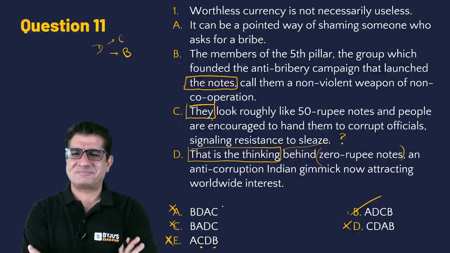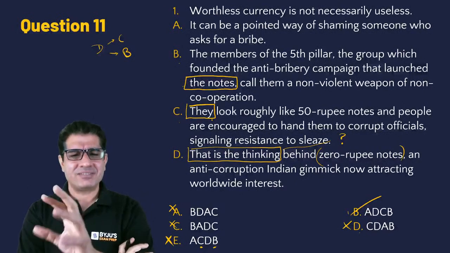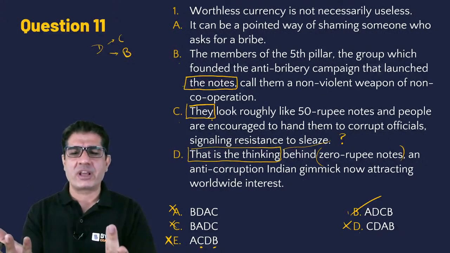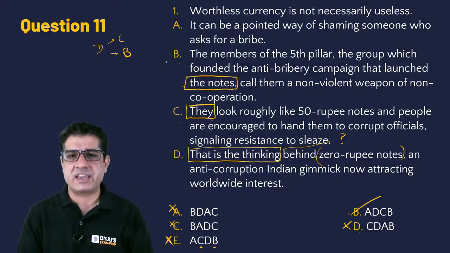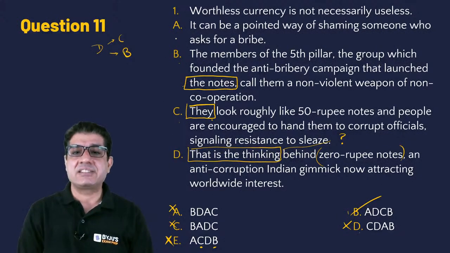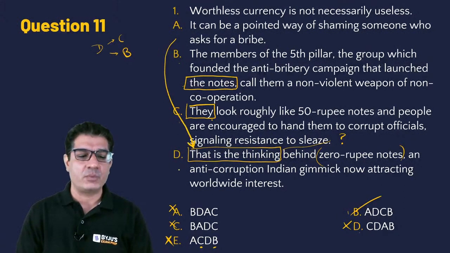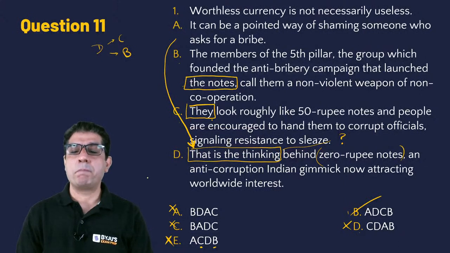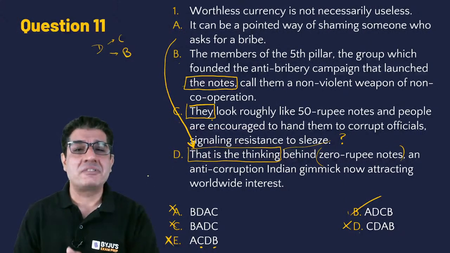Should be B here. Just an identification of this clue would have worked. Had this not been there, then this part, that is the thinking, connects directly with A. So it will still be ADCB. So it should be option B. You notice a pronoun comes after the noun.